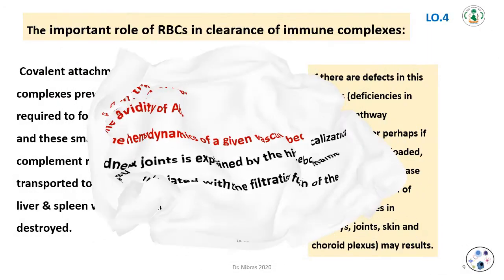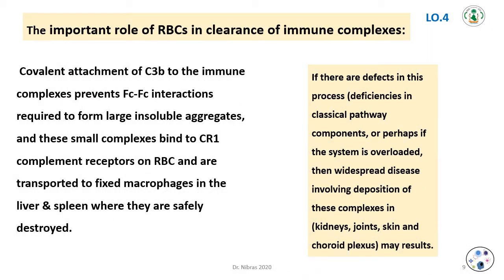The important role of RBCs in clearance of immune complexes. Covalent attachment of C3b to immune complexes prevents Fc-Fc interactions.